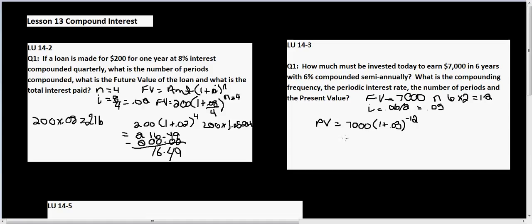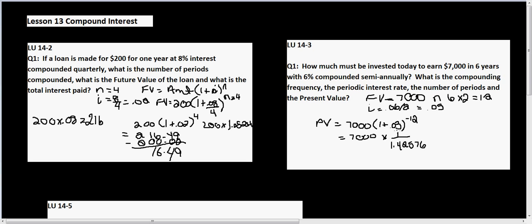Well, we are still going to have 7,000 and you're going to have to multiply 1.03 by itself 12 times, but because it's negative, that means it's inverted. You're going to find 1.03 to the 12th is equal to 1.42576.